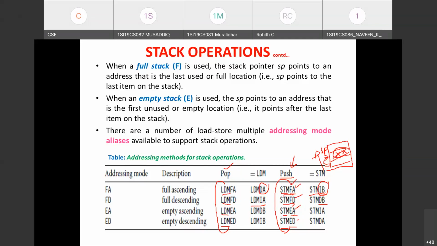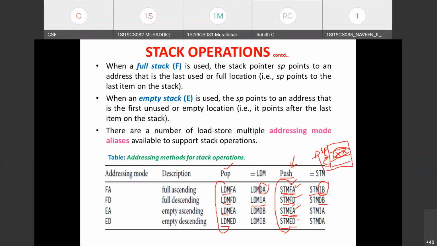Okay. In the same lines, you can try to analyze EA and ED. So just see, the STM EA instruction is used for push. It is an empty stack we have considered, and an ascending stack. That means the stack grows in the order of increasing memory address. The empty stack means SP will be pointing to the location where the data is to be inserted.